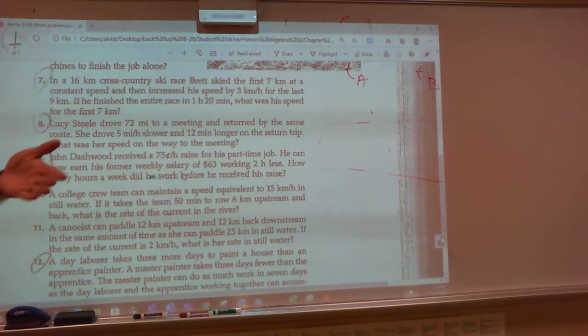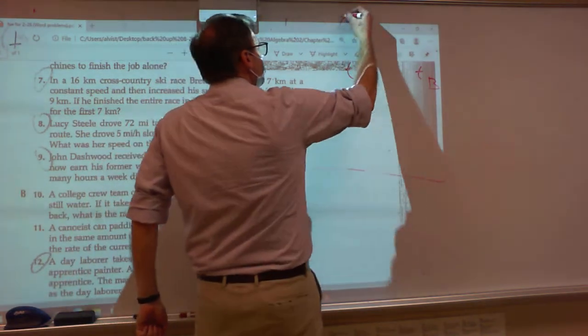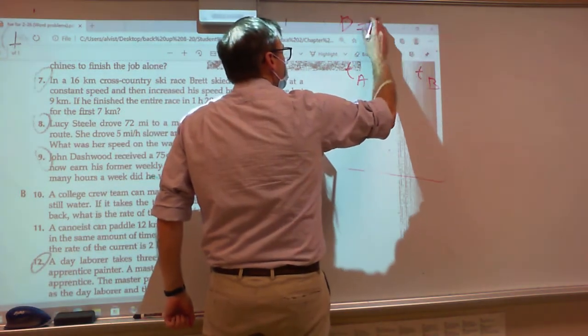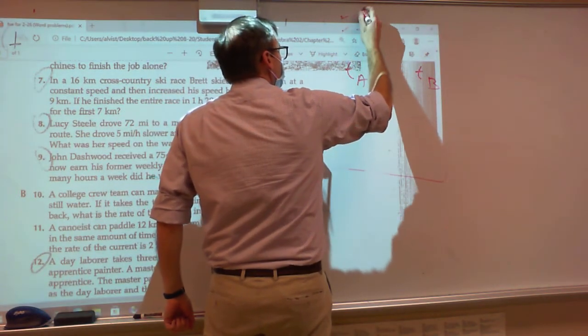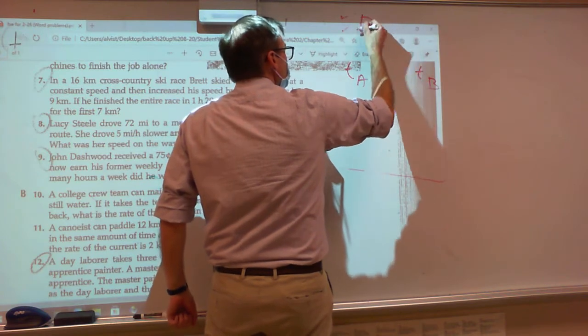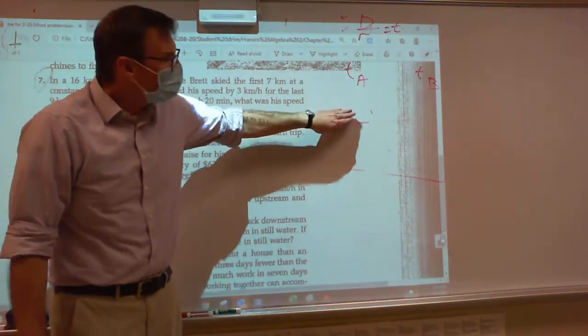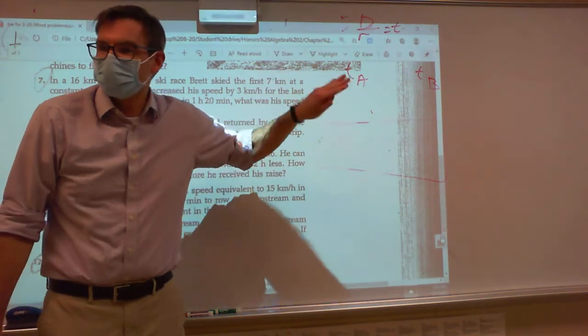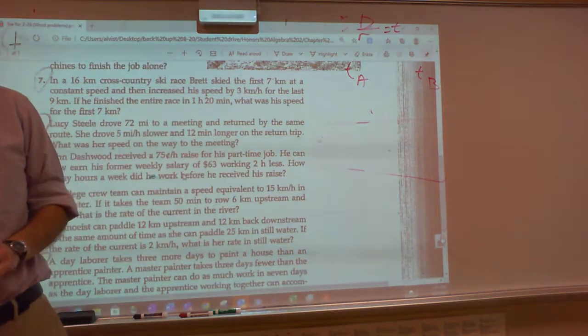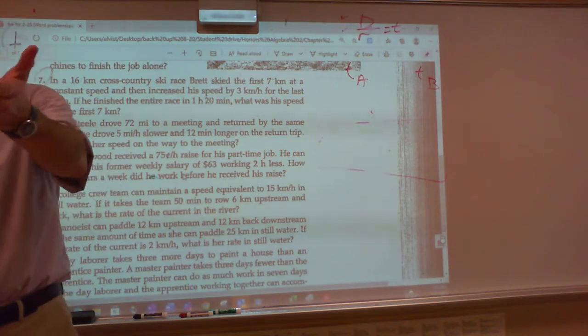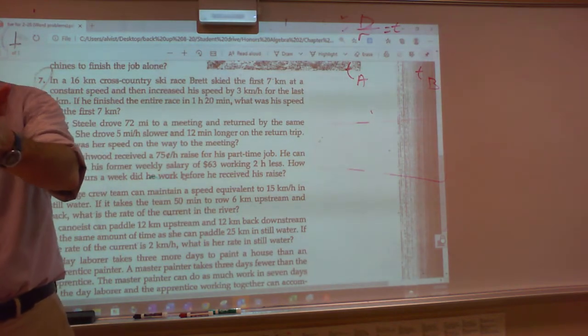To figure out the time, we still have this thing, that distance equals rate times time, so distance over rate is equal to time. Can we have an expression for the time for part A? What was the distance? The distance is 72.